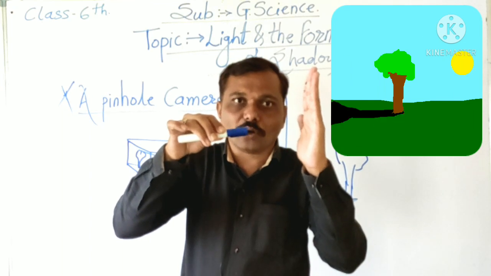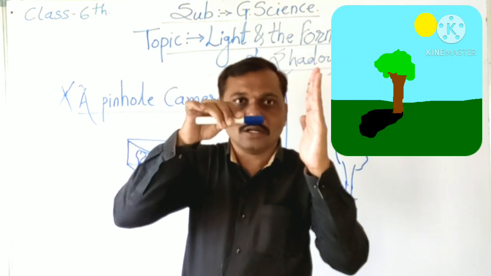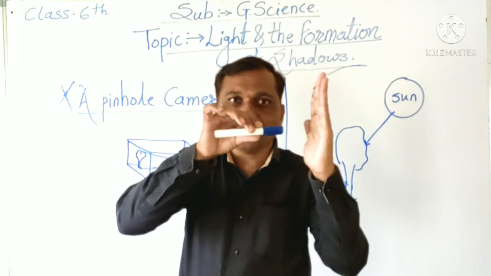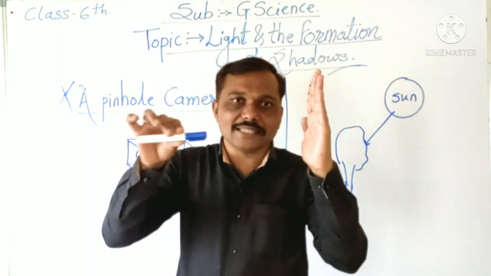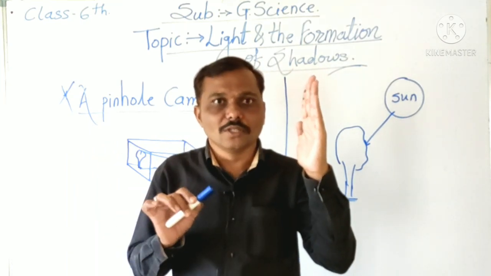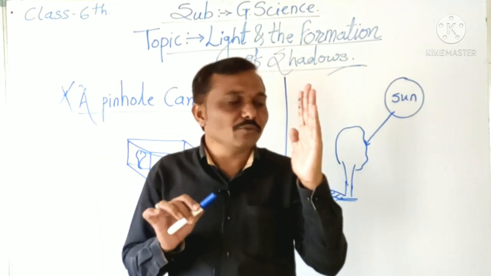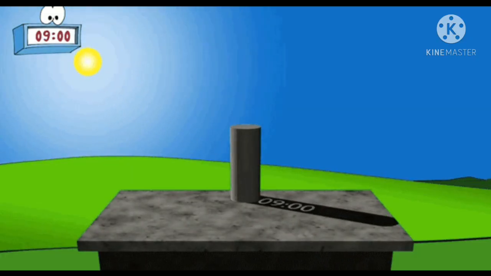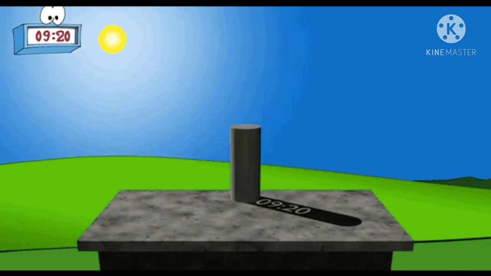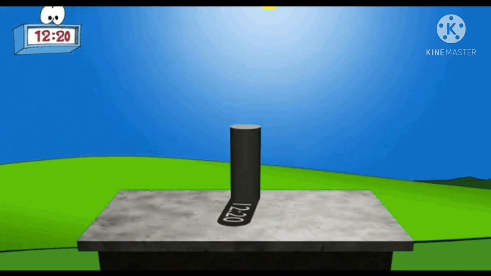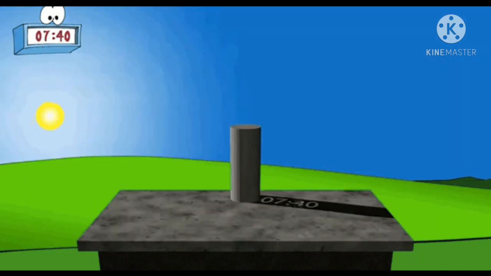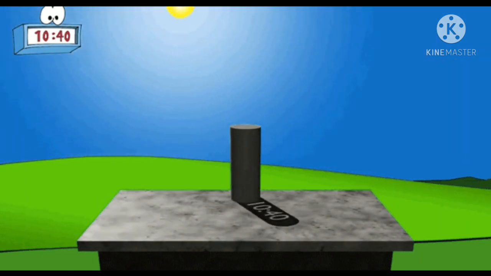So take any opaque object, fall the torch rays on the object, and then increase and decrease the distance between the object and the source of light. Because of that we clearly see that the shadow found behind the object changes its shape and size.